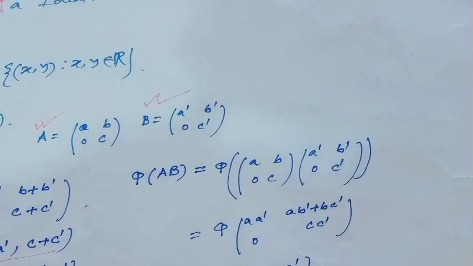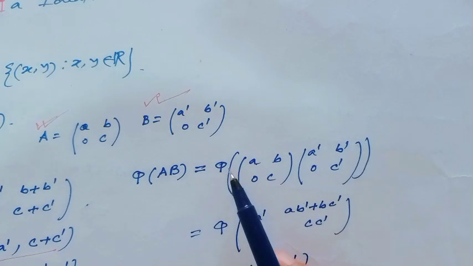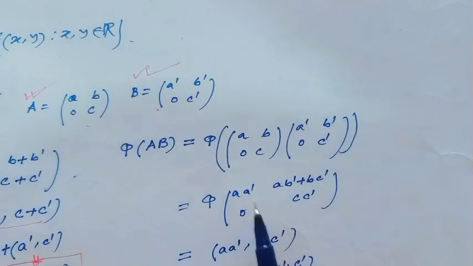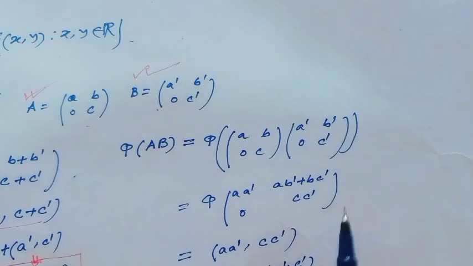Similarly, phi of AB equals phi of A times B, meaning this is A and this is B. This is equal to phi of (aa dash, ab dash plus bc dash, 0, cc dash).